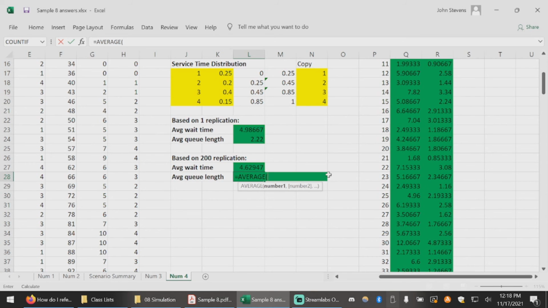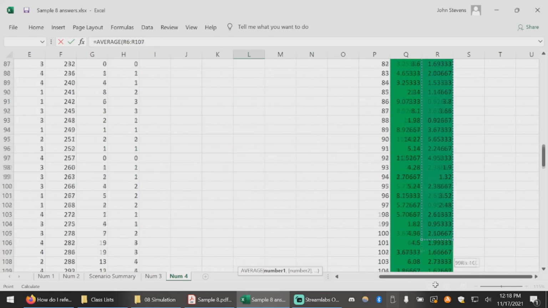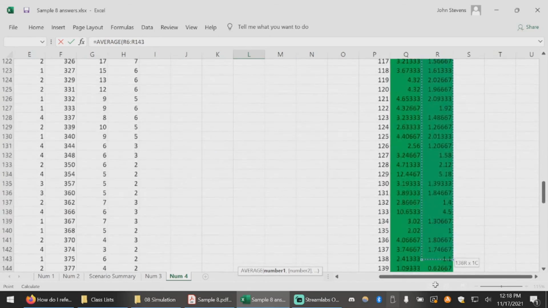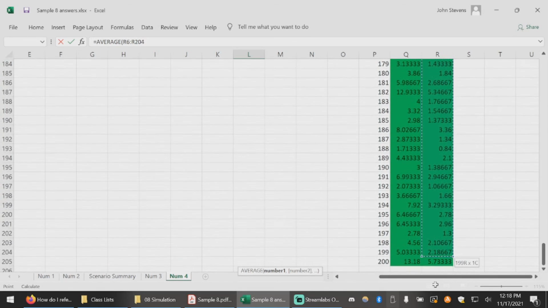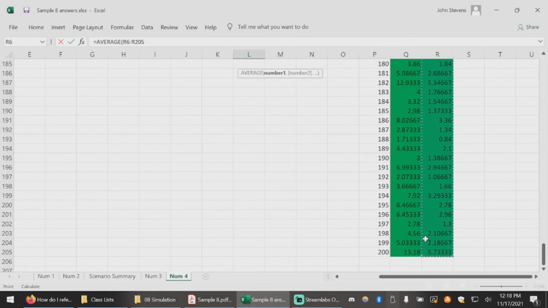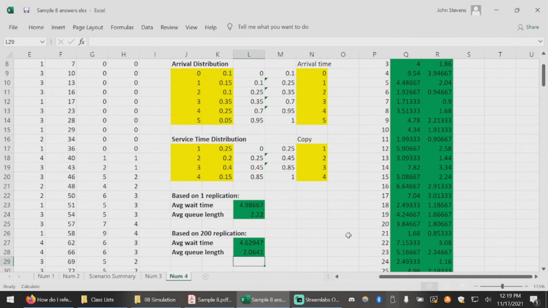Same thing for the average queue length. Get it from the data table numbers, all the way down. 200 is just an arbitrary number, so Excel doesn't slow down too much.